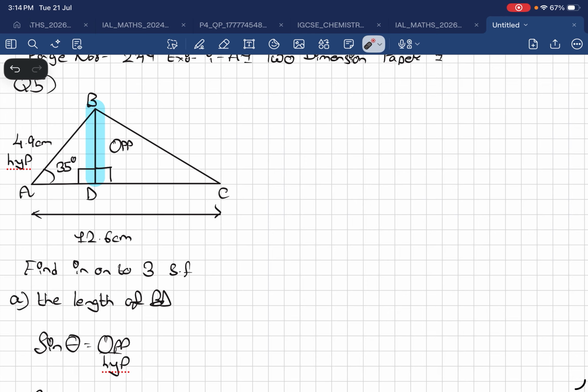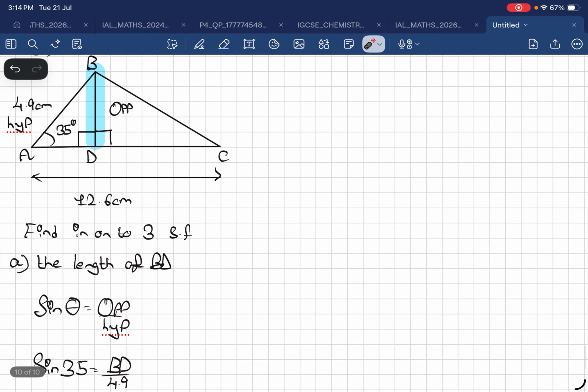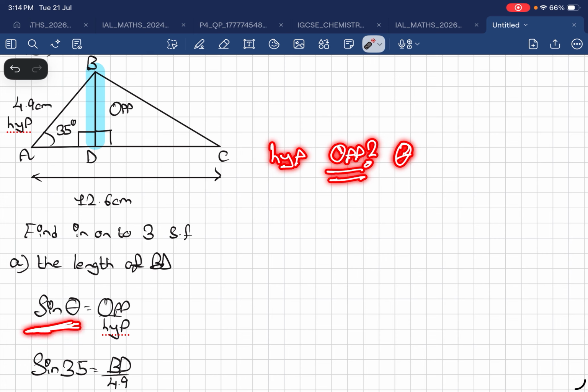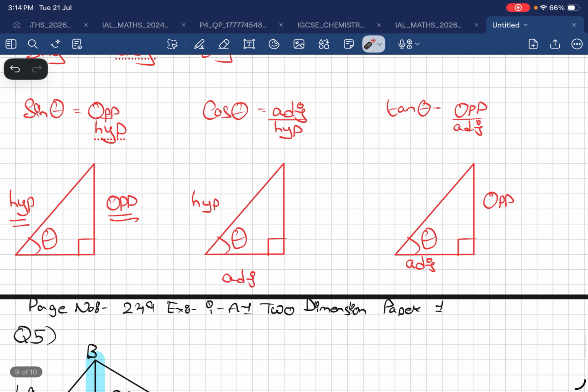So we know the hypotenuse, we know the opposite, which they told us to find, and we know the angle. If we relate them, we use sine theta. You need to check when to use sine, cos, or tan.